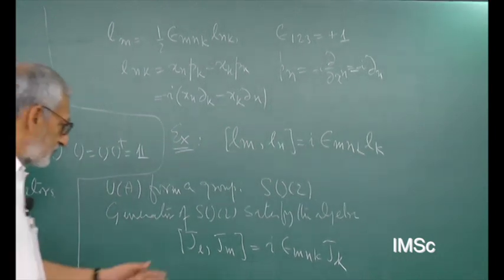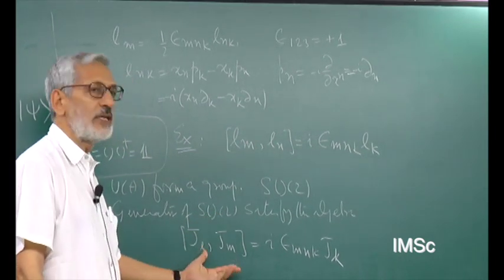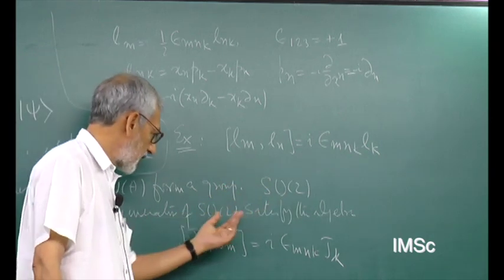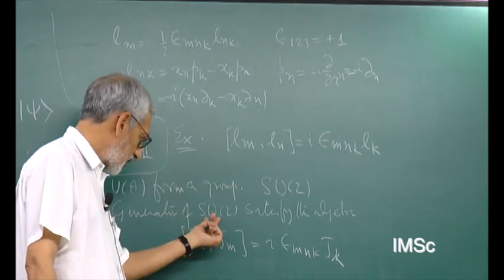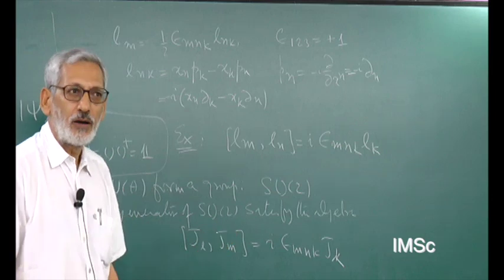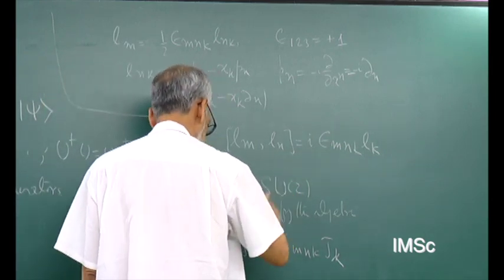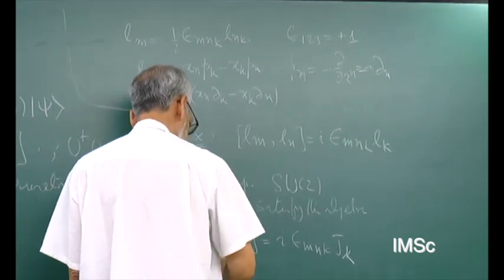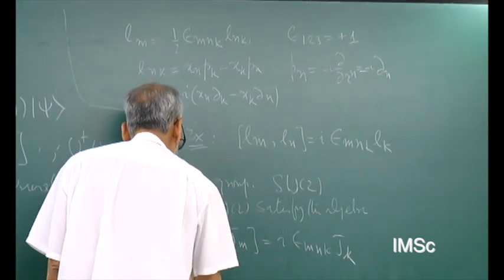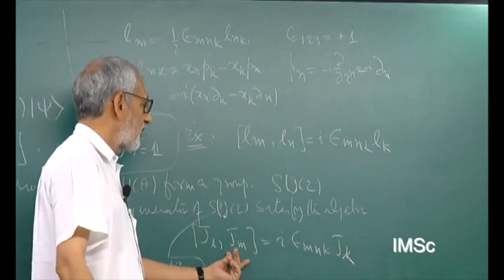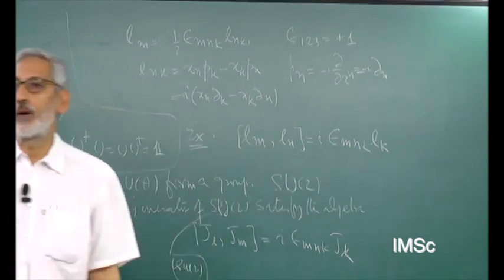This is the algebra of SU2. This is the SU2 Lie algebra. Sometimes people want to make a distinction between the group SU2 and the Lie algebra of SU2 by writing SU2 in small letters as against the capital. This is U, not O. So sometimes people write it this way to make a distinction between the name of the algebra and the name of the group.